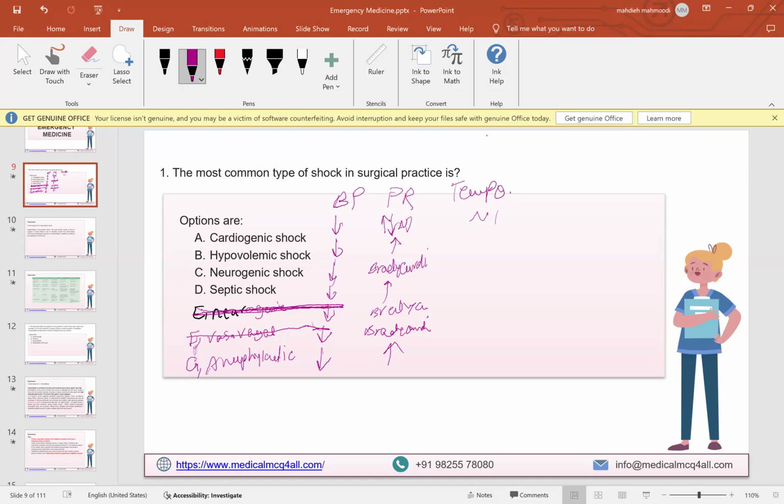In hypovolemic shock, it's mostly normal, but the patient's peripheries could be cold. Neurogenic shock, it could be anything. It could be high, it could be low.